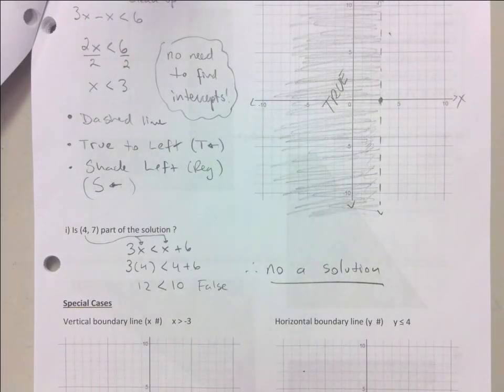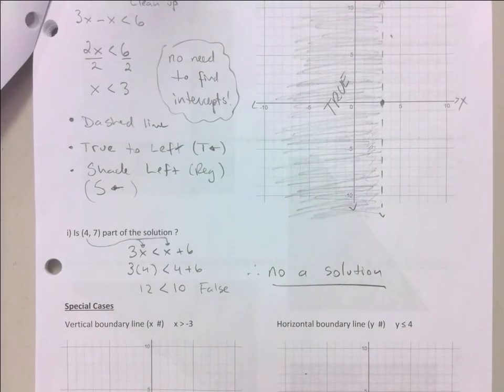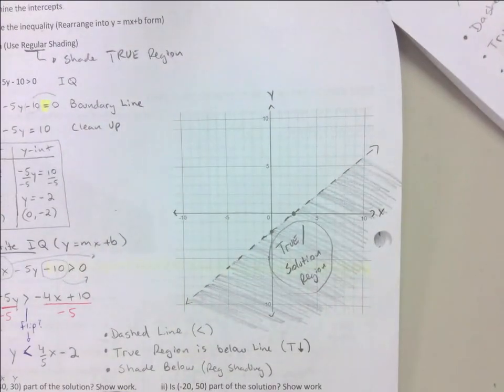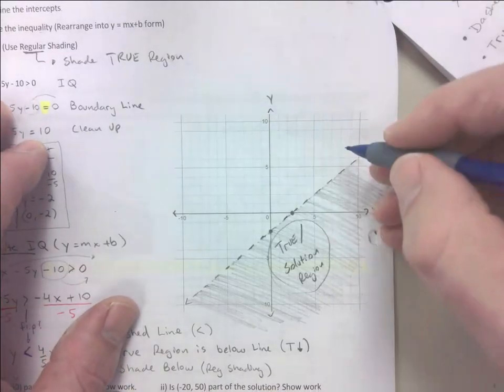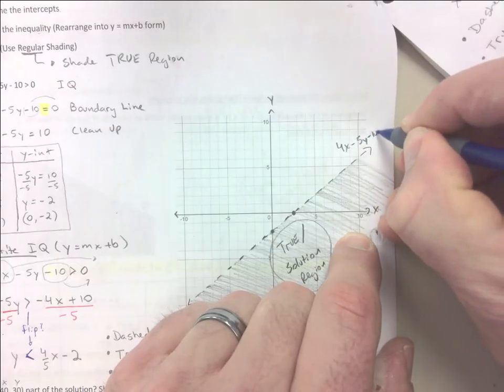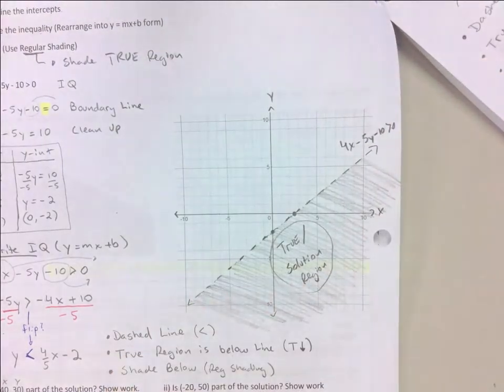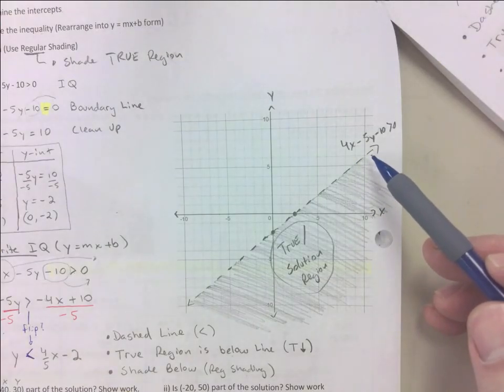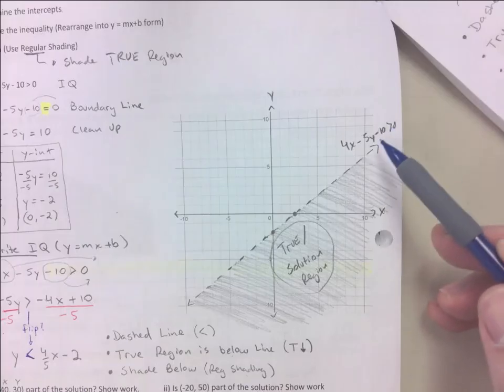I'm going to ask you to just go back to page 19. We're going to label that graph with the appropriate inequality that goes with it. So you decide. I'm going to pick the original in this case: 4x minus 5y minus 10 is greater than 0. That's what I'm going to label this inequality with. So make sure you do that.